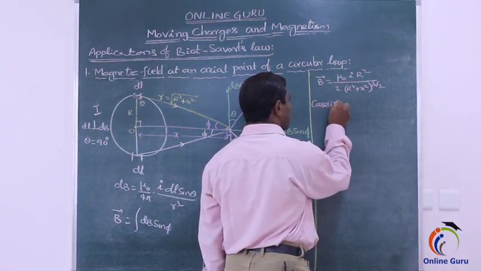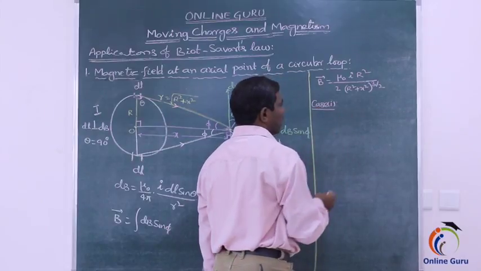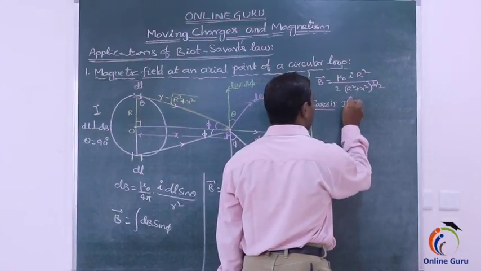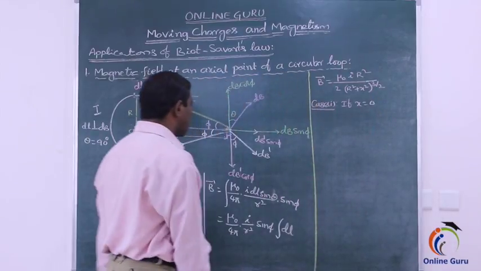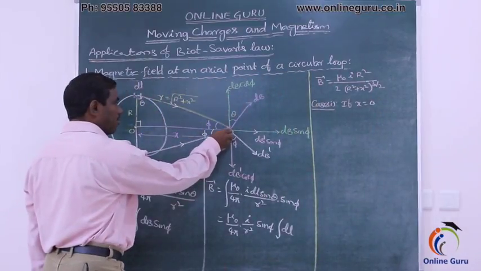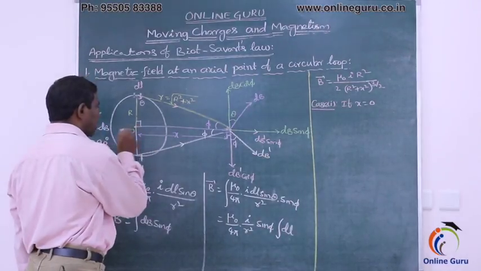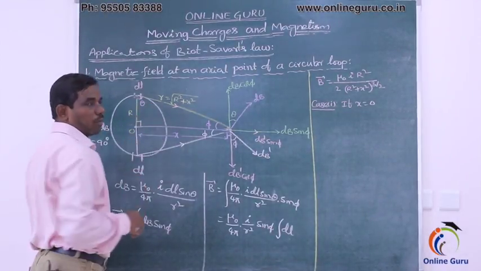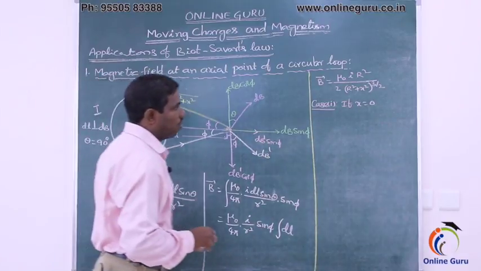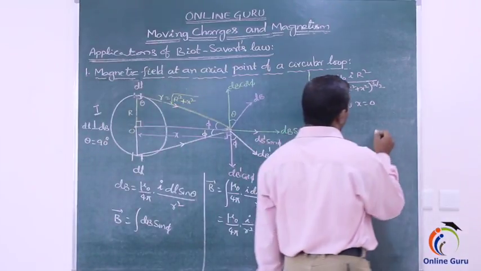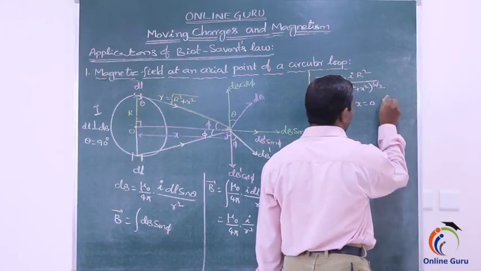In case 1, I will go for x equal to 0. That means the point P lies at the center of the circular loop. When it lies at the center of the circular loop, what about the magnetic induction?